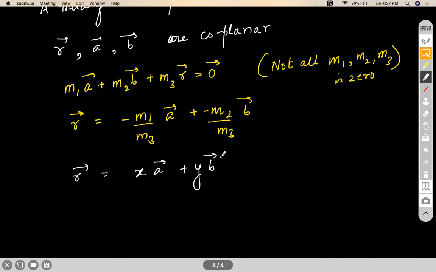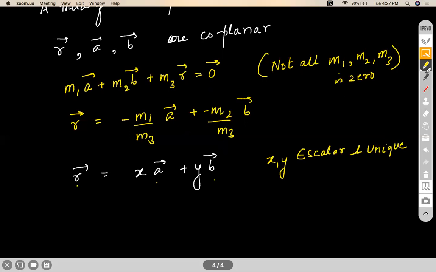Where x and y are scalar quantities and they are unique. Now, what is the meaning of unique? Unique means for a given R, A and B, you will get only one pair of x and y by which you can connect R, A and B. There cannot be several pairs of x and y by which you can express the same relationship. Let me give you a simple example and let me prove this first.